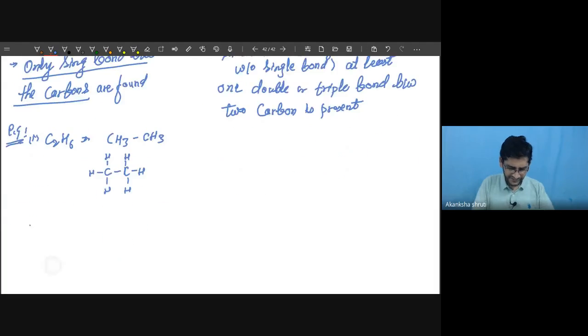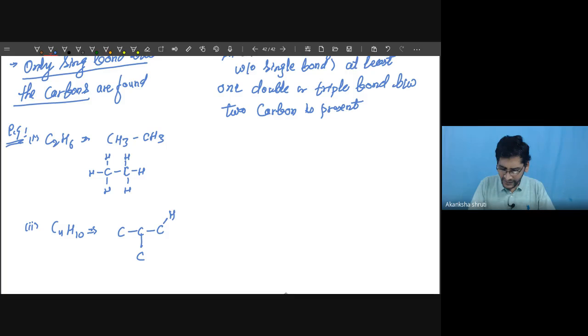Second, whatever the other thing, say C4H10. Whatever the isomer you are drawing, irrespective of isomer, all the carbons must contain the single bond only. See, the fourth carbon may be drawn at this end, or if you wish, you may take the other structure, like the fourth carbon you may join here itself.